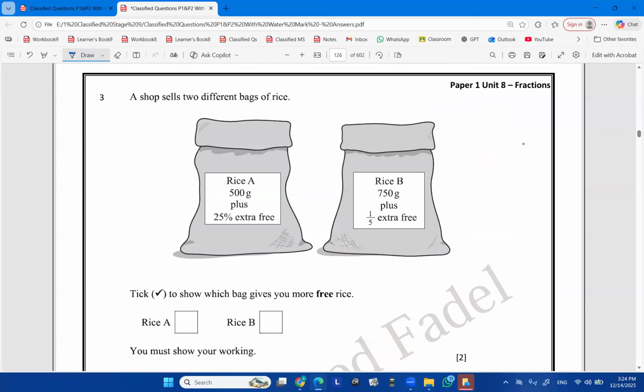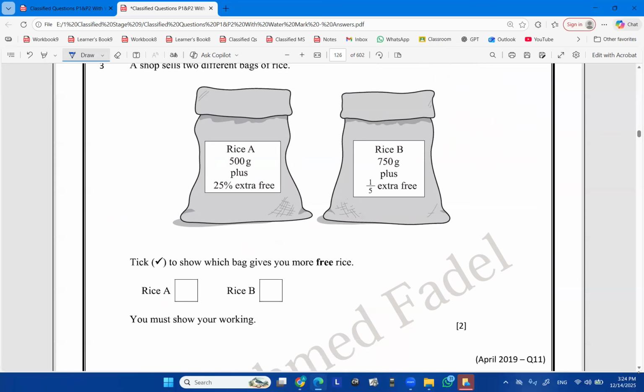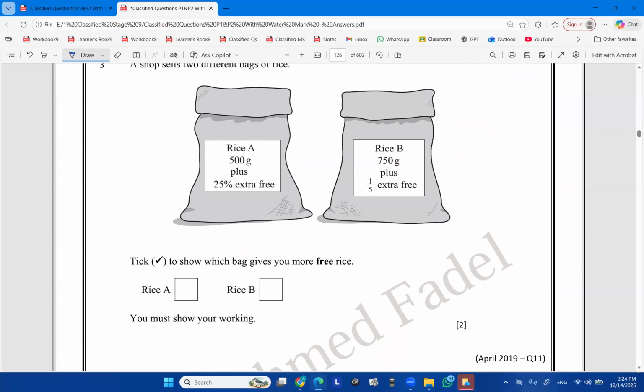A shop sells 2 different bags of rice. They're telling you here that they want you to tick to show which bag gives you more free rice. All right, so to get here 25% extra free, they are requesting which bag gives you more free. So 25% of the 500 is free.